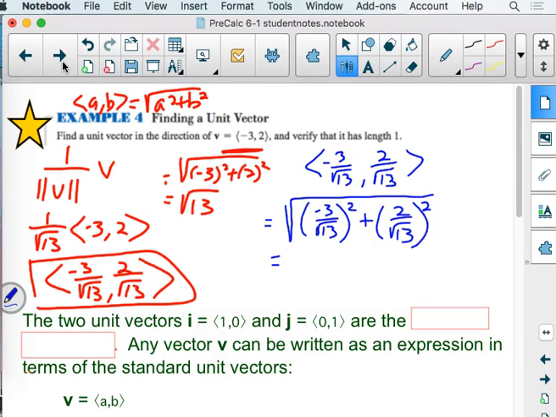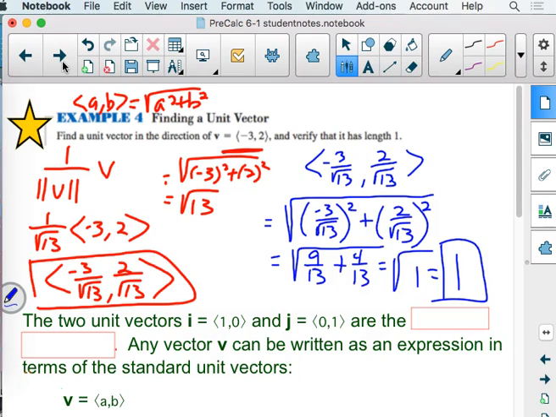Well, there's no addition or subtraction in there, so we can distribute that 2. So that'll be 9 over 13. Same thing with the other set of parentheses: there's no addition or subtraction in there, so we can distribute that 2. 4 over 13. What's 9/13 plus 4/13?